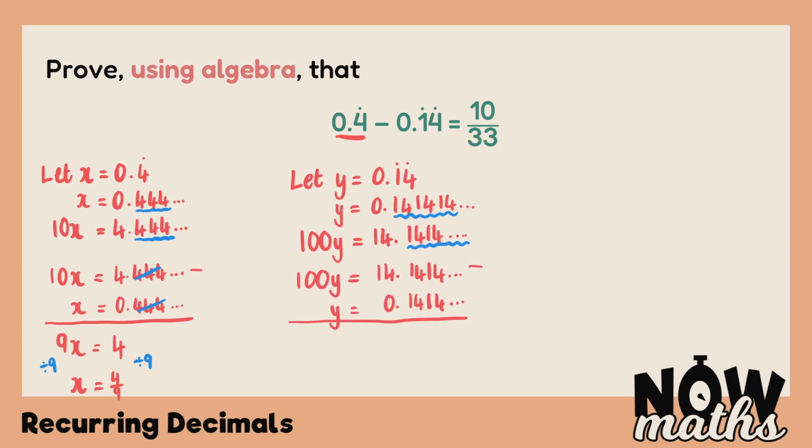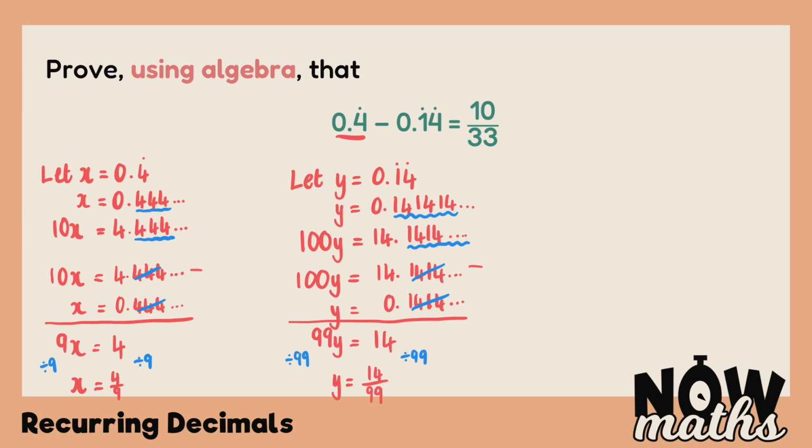So starting off, we have 100y subtract y, which is 99y. And then subtracting the decimals, we can see that the recurring part will cancel, and then 14 subtract 0 is just 14. We're left with 99y equals 14, so dividing by 99 gives us that y equals 14 over 99.